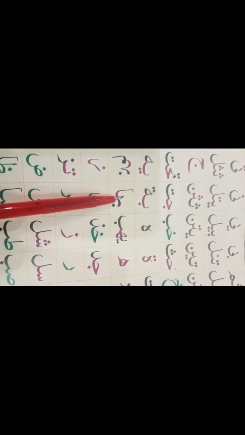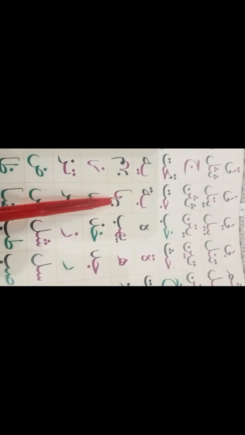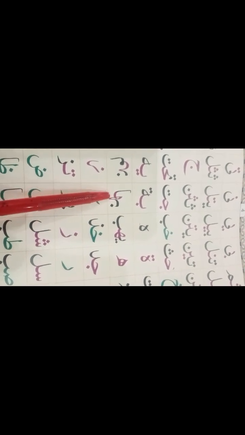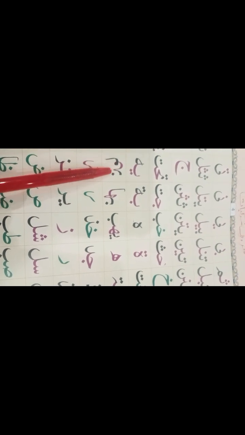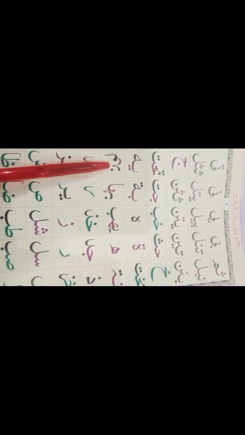Here ha is the first written form, as you can see in the list mentioned above, ya ha ba. And the next is ba ha alif, third written form of ha. And the next is ba ha mim, the fourth written form of ha, a different written form of ha.